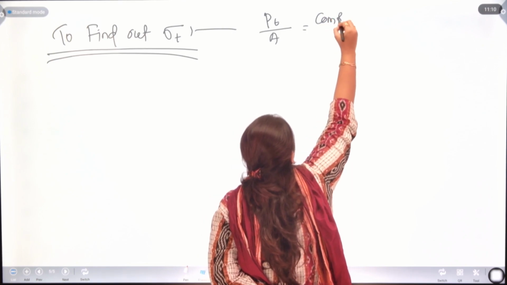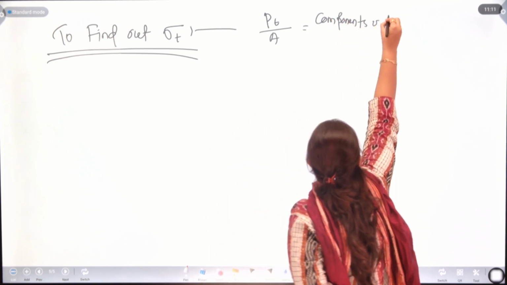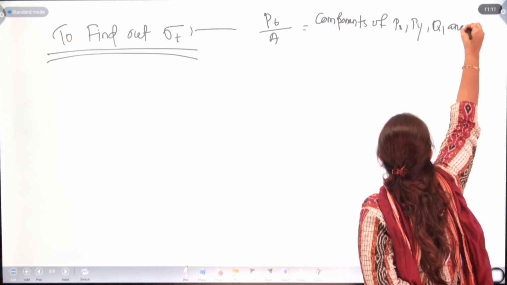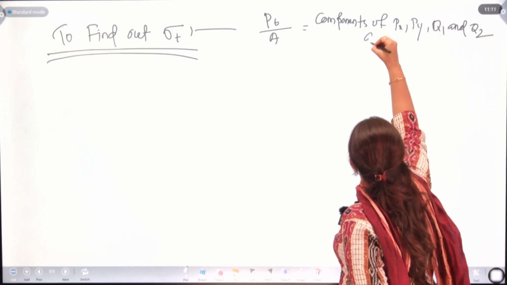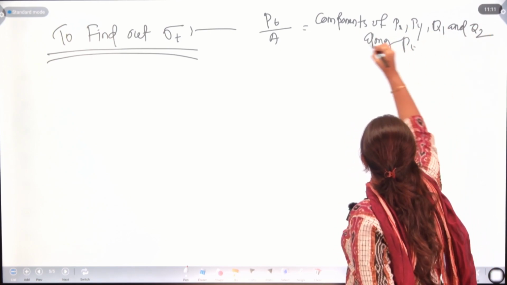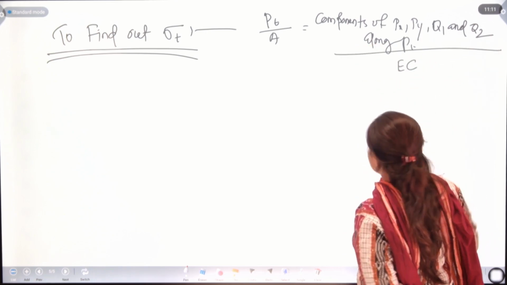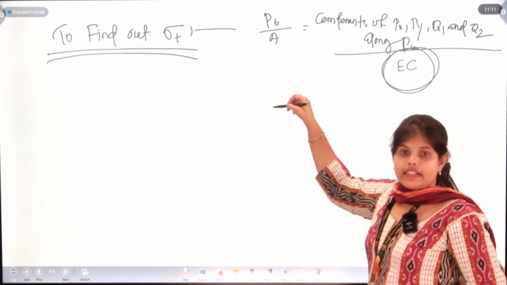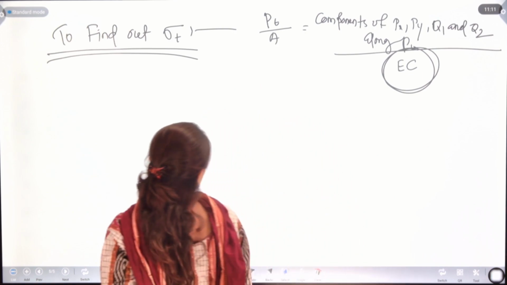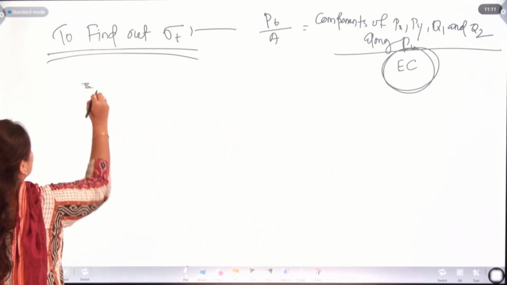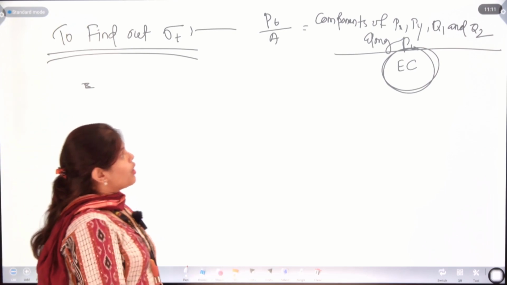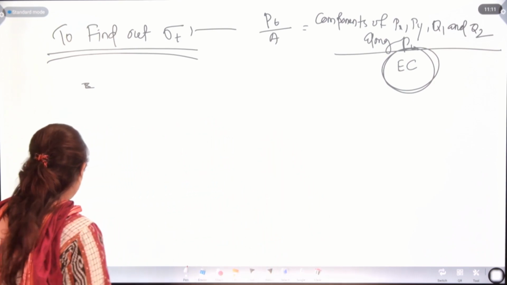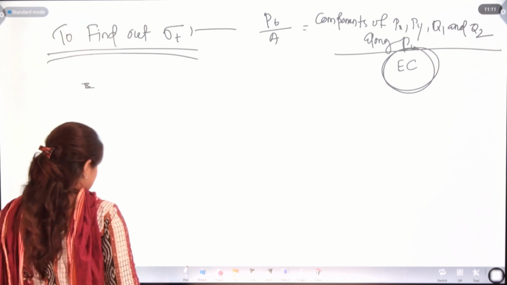So for Pt, we can write components of Px, Py, Q1 and Q2 along Pt upon EC. Why EC? I have already said in the case of finding sigma n. So components of what? Px, Py, Q1, Q2 along Pt. We have already found out the components.